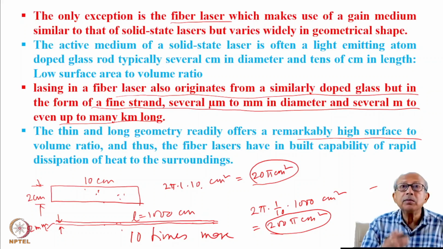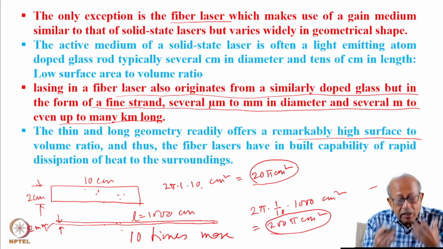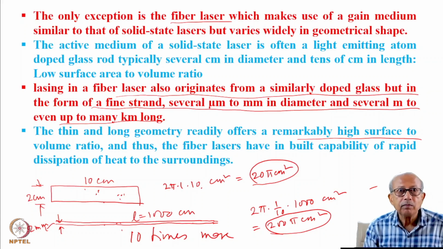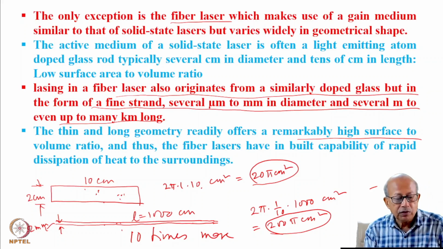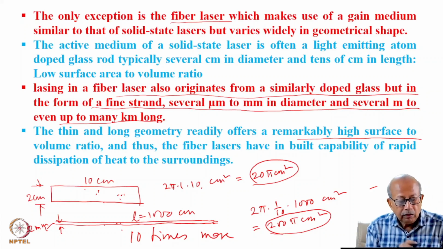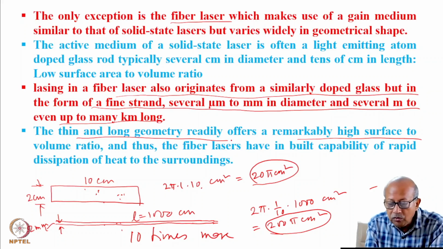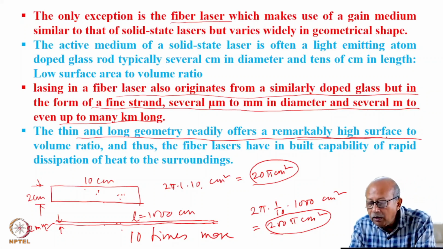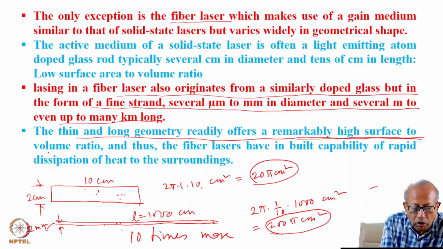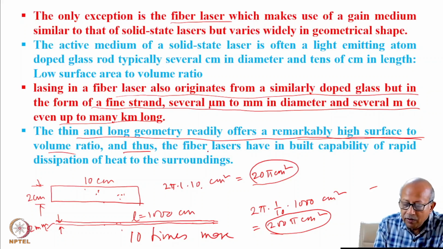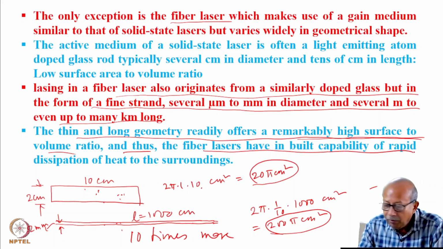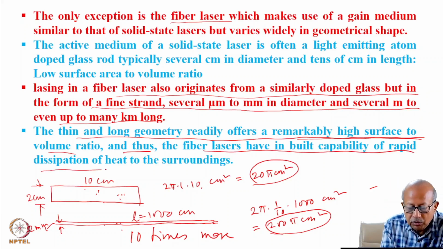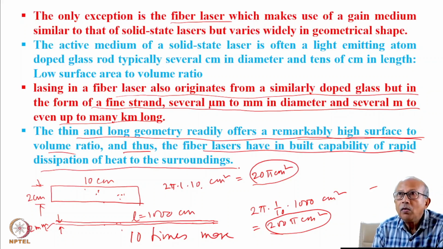So its heat dissipation capability is 10 times better than this. So this is the underlying physics. So the thin and long geometry readily offers a remarkably high surface to volume ratio, and thus the fiber laser has inbuilt capability of rapid dissipation of heat to the surroundings.